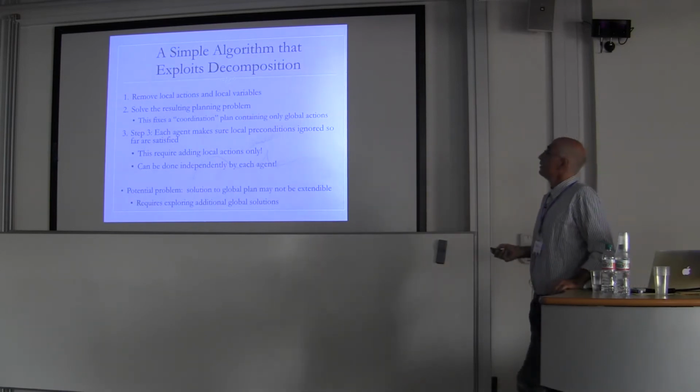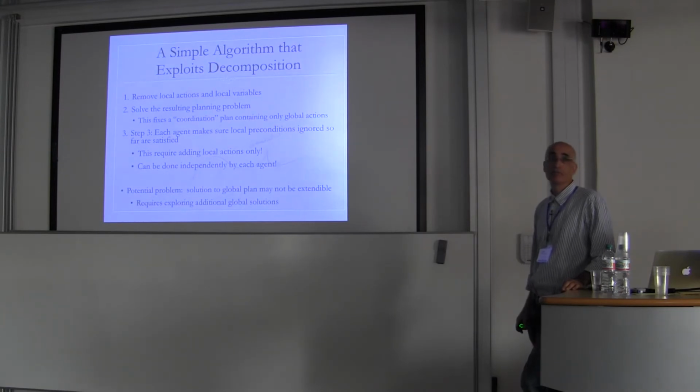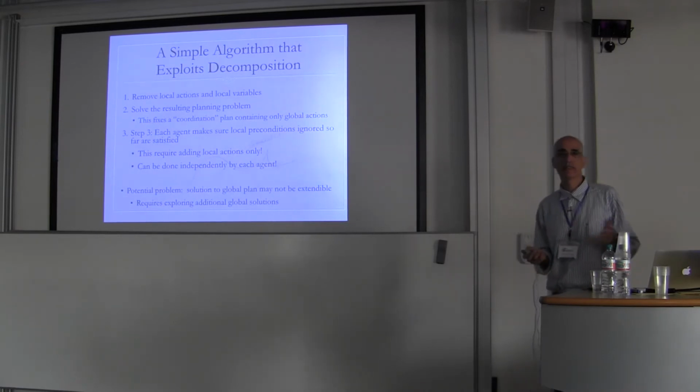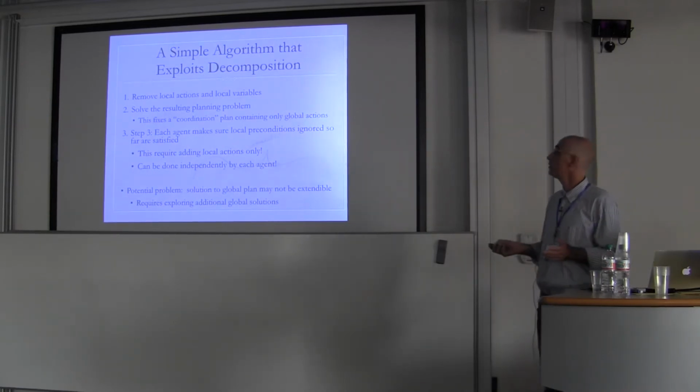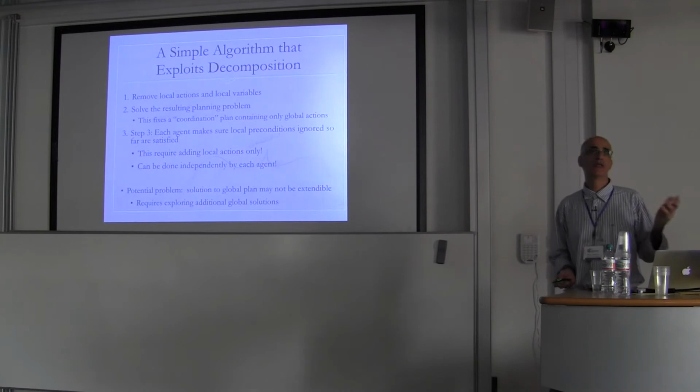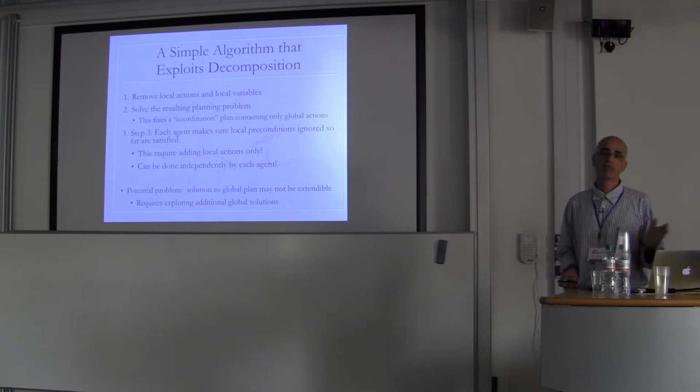Okay. So here's a simple algorithm that exploits decomposition. Remove all the local actions and all the local variables from your problem. Okay? By this I mean, first of all, removing the local actions. That's simple. Removing the local variables: if you have a local precondition to an action, remove it. If you have a local effect, remove it.